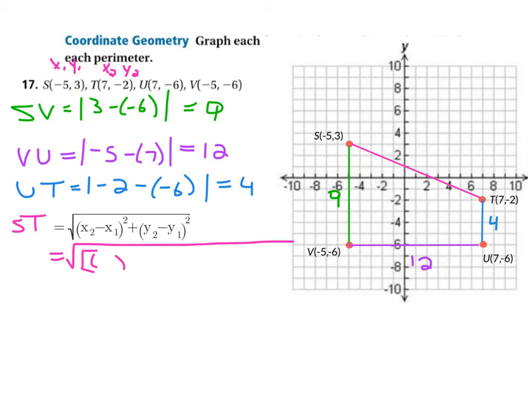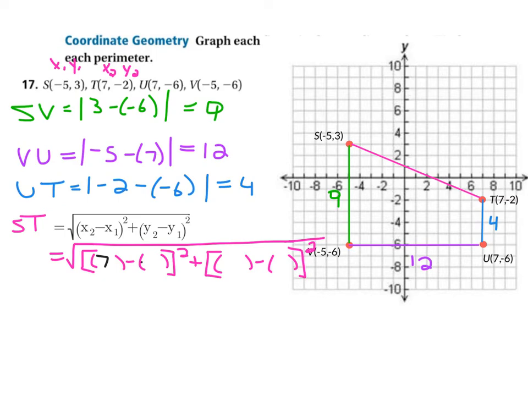now I've got to substitute in the numbers. So since I'm substituting in numbers for variables, I put parentheses anywhere I'm going to sub it in, and if there was already parentheses there, the outside parentheses become brackets. That is a standard convention. And then we sub in those values, and so we could say, okay, what is x2? 7.